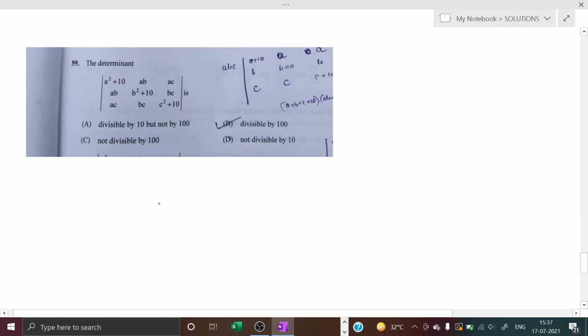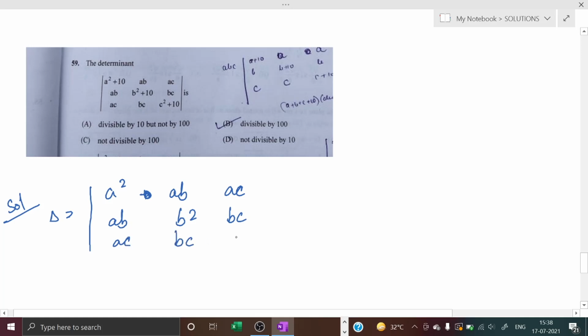Next question on determinants. This question is also easy. See, by the property of determinants, first of all you can write it like this: a square, ab, ac; ab, b square, bc; ac, bc, c square; plus 10 0 0, 0 10 0, 0 0 10.